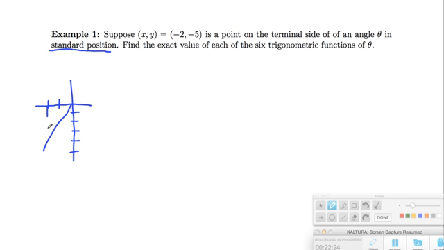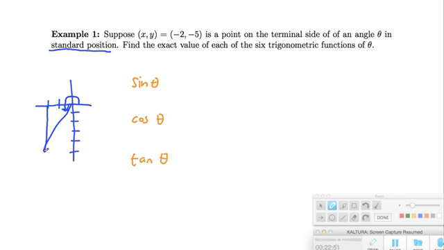Now all the trig functions that we found were technically just for the reference angle, but remember they wanted us to do the whole angle from standard position. So because of that, we also have to consider the sign, as in the plus or minus part of the values. So in this case, sine of theta, cosine of theta, and tangent of theta may or may not be negative.